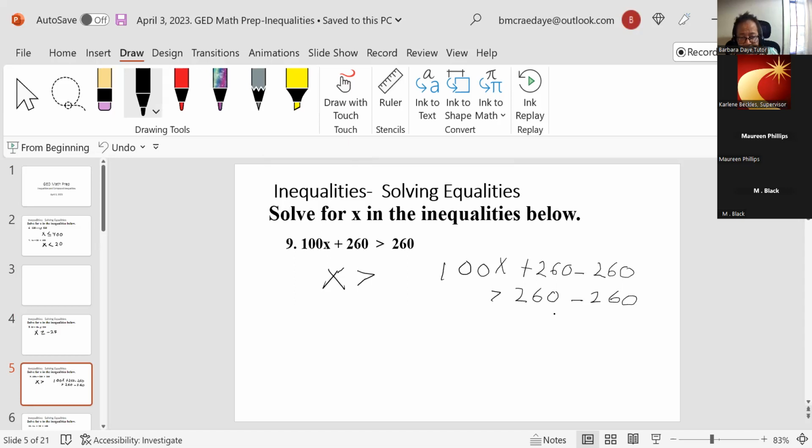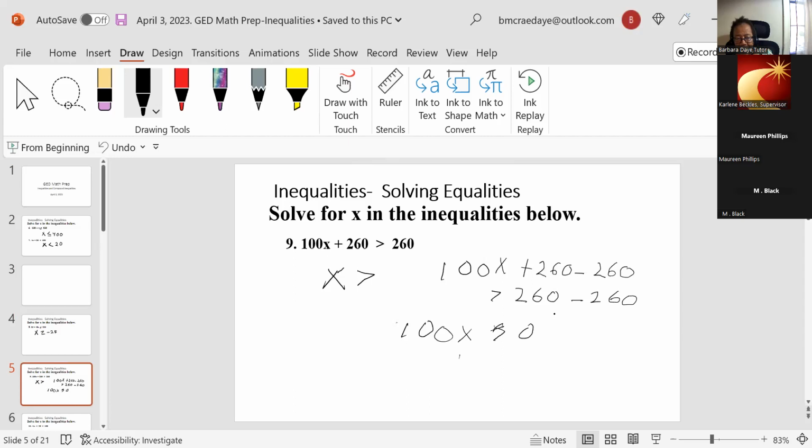Then on the left side, you have just 100x. 260 minus 260 is 0. On the right side, you just have 0. So that's greater than 0.